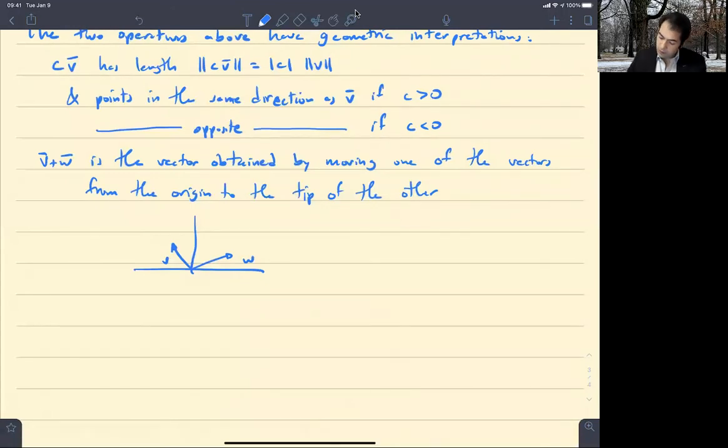Then what I would do is I would move the vector w to start at the end of v, or I would move the vector v to start at the end of w, right? So this would be v starting at tip of w, while this would be w starting at tip of v.